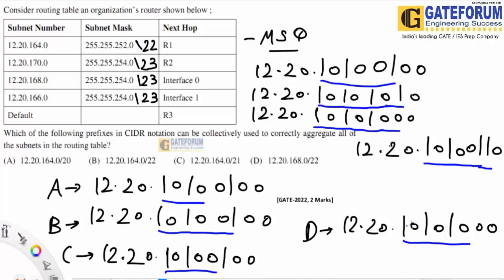You look at here 101010, 101001 and 101010. So if you look till here, both B and D, B covers basically 164 and 163 because 101001.